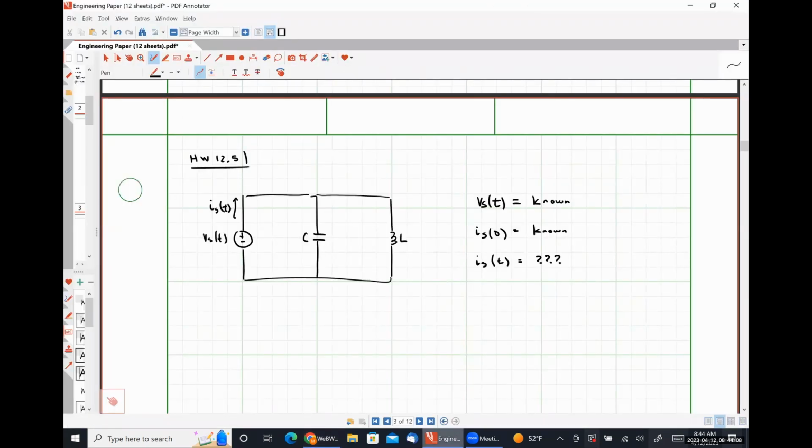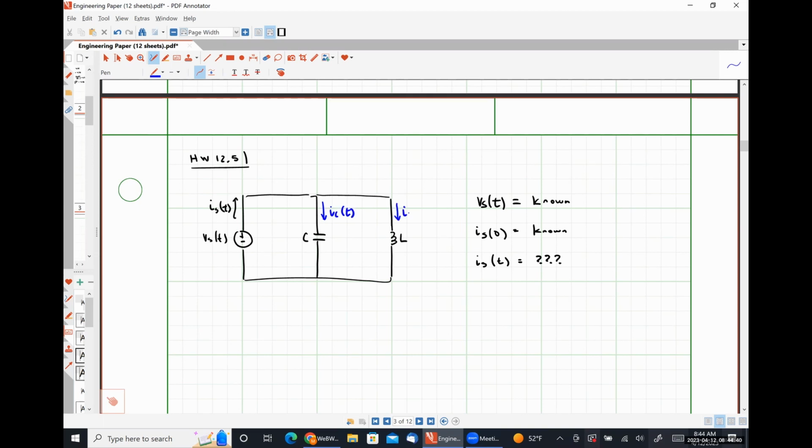So this is a single node pair circuit, which means everything is connected in parallel. So what should our first step be? There we go. Anytime we have a single node pair circuit, Kirchhoff's current law is where we should be starting. So I am going to label this as my capacitor current, direction down.